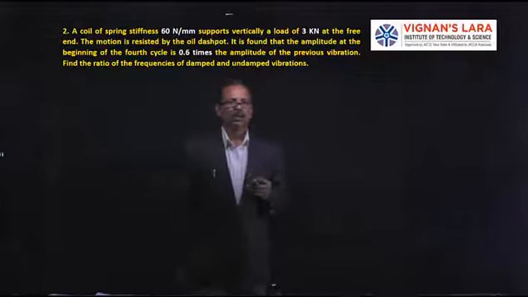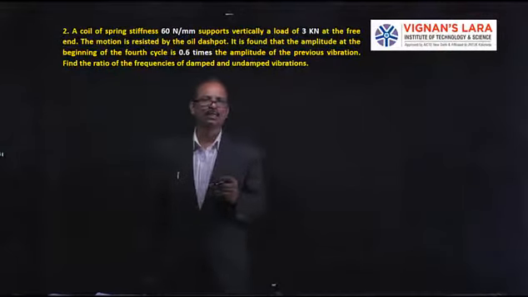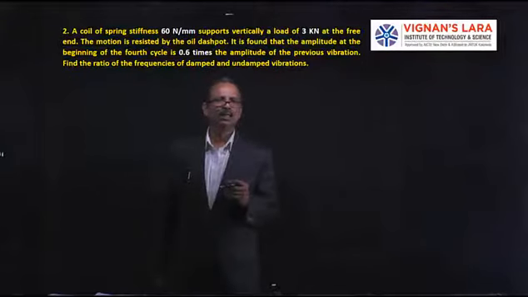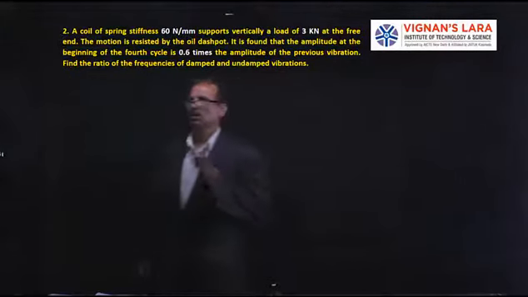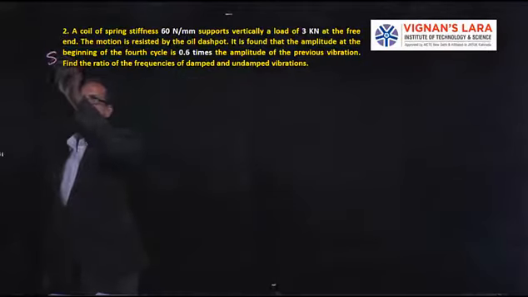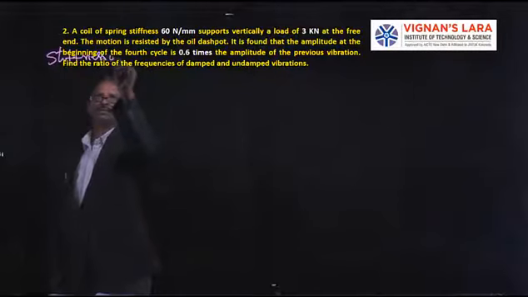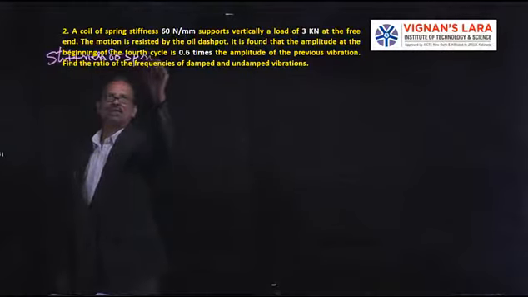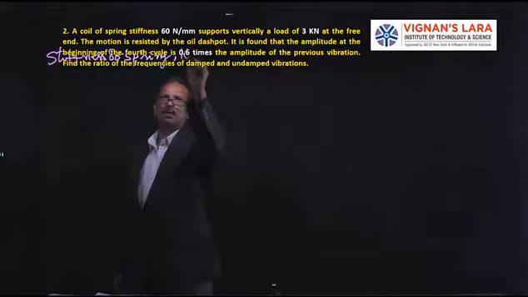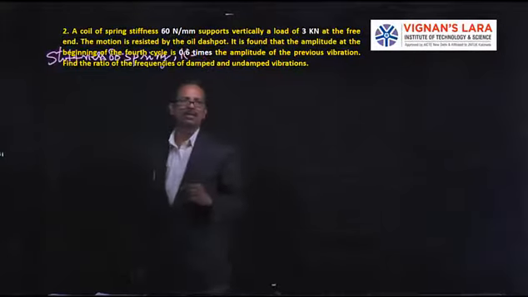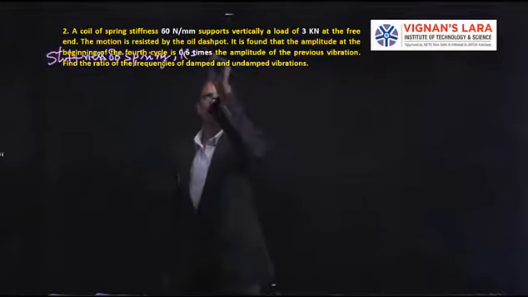So here the data given is like this. The spring stiffness is 60 Newton per mm. So stiffness of the spring, we represent in terms of K, which is given as 60 Newton per mm.